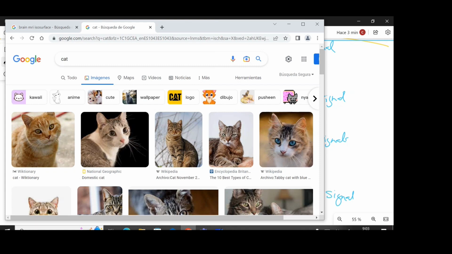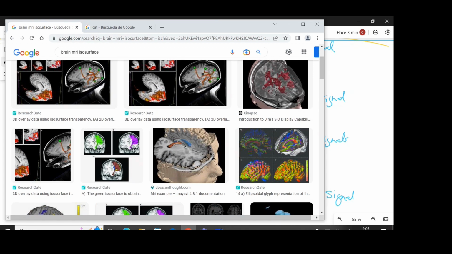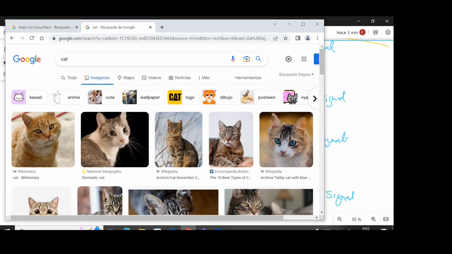But I can also draw a kind of isosurface here. I can draw a line delineating the cut. That line is the equivalent of this surface. So the cut is 2D. The iso line is 1D.